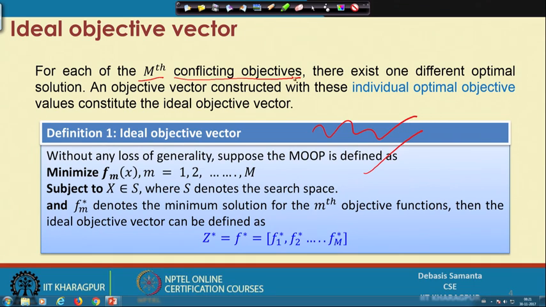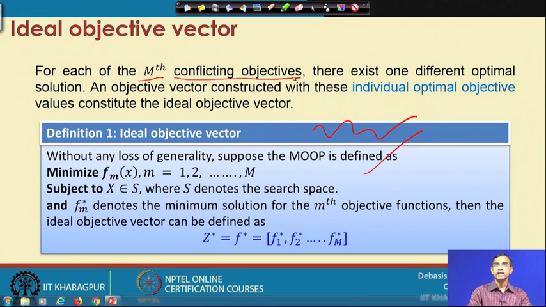That means there is a trade off. If you want to minimize both, then there may not be any single solution. So, if the objectives are conflicting, then essentially there exist many optimum solutions.